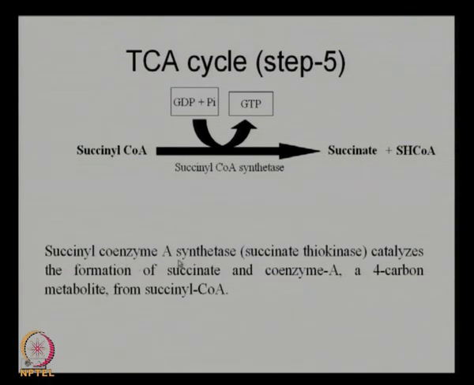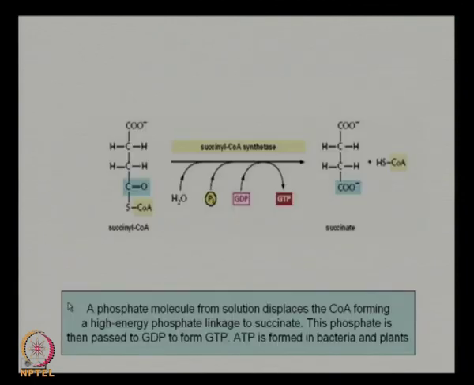Succinyl coenzyme A synthetase, a thiokinase enzyme, catalyzes the formation of succinate and coenzyme A from a 4 carbon metabolite that carries a coenzyme A. This is the 4 carbon compound, coenzyme A is getting released, and succinic acid is produced.